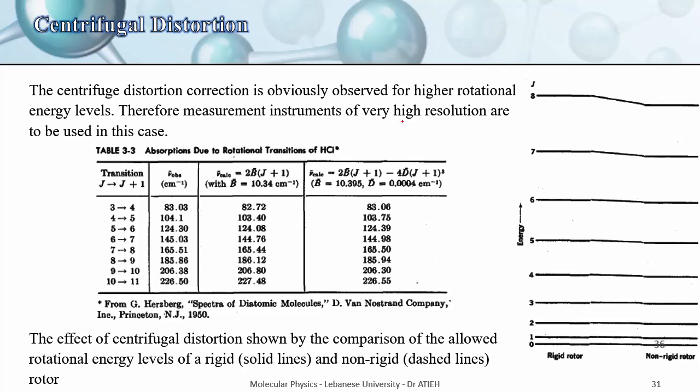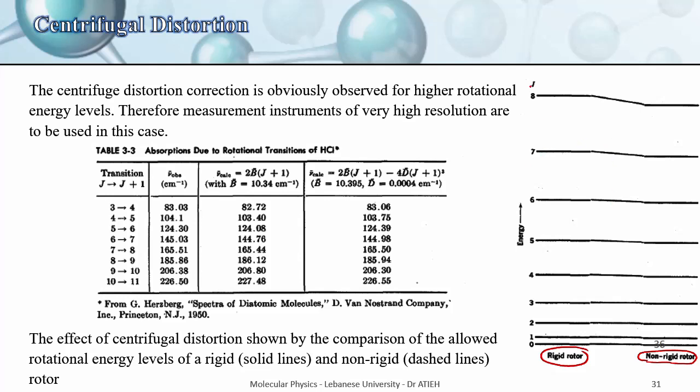So as you can see here, there is a difference on this diagram to the right between the energy levels in the case of considering a rigid rotor and the case where we have considered a non-rigid rotor or a real rotor. For the first few levels, 0, 1, 2, 3, 4, 5, 6, there's a little bit of difference between the levels of the rigid rotor and the non-rigid rotor.